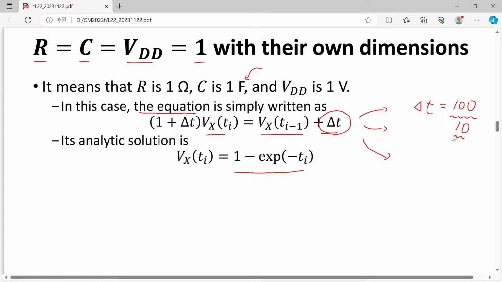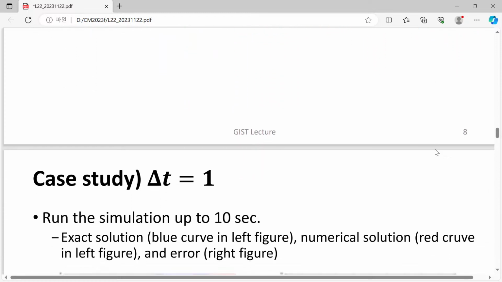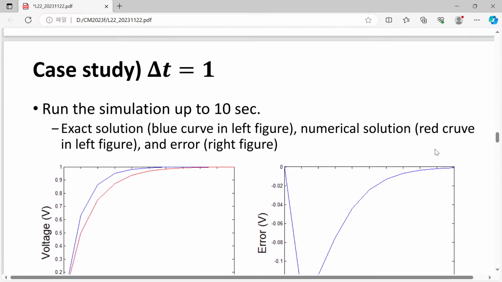If you take this kind of thing, you never observe any kind of transient behavior. Also, this is obvious. So please do not consider this extremely large, unphysically large value for your delta t. If you wanted to trace the change of your node voltage V sub x, then you have to have a reasonably small delta t compared with the relaxation time of 1 second.